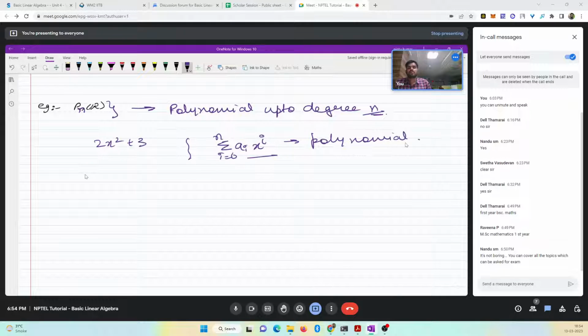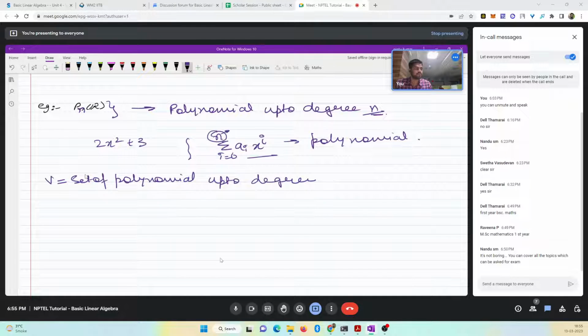Now my V is this set of polynomials, up to degree n, so degree n or less than n. That's why my summation runs up to n. And my field F is the real numbers.